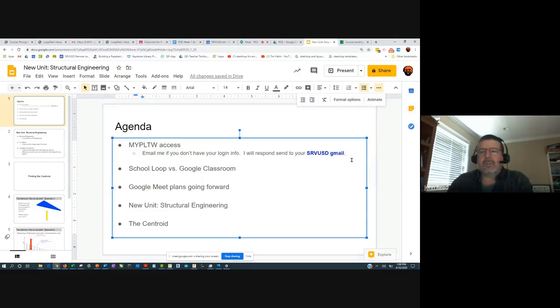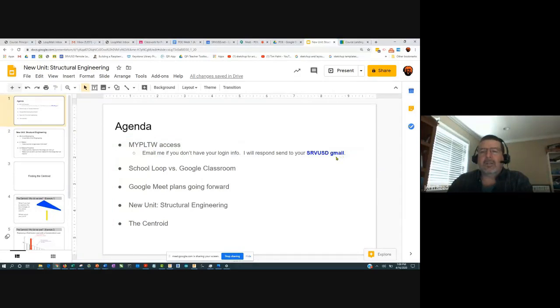But I'm going to send it to your SRVUSD Gmail account because I don't have all the credentials in text formats, so it's much easier for me to take a small screenshot of your user ID and send that to you.